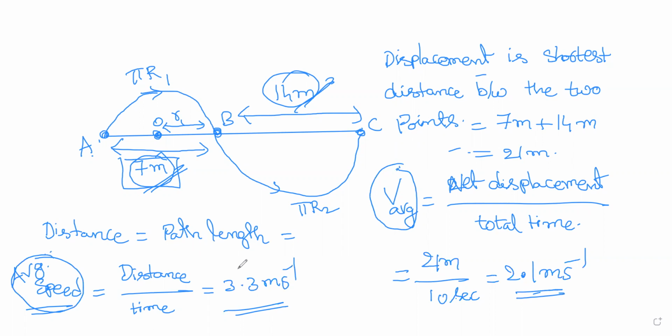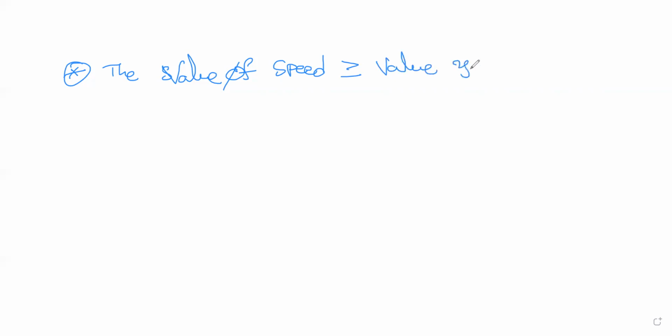When you are calculating, the value of speed, because speed is scalar, will be either larger than or the same as the value you get for velocity. So very important point. It will not be less than the velocity.